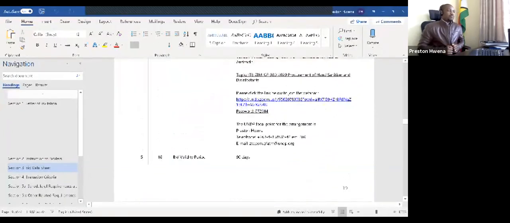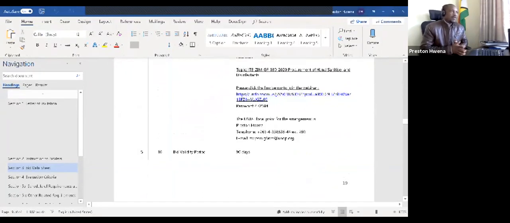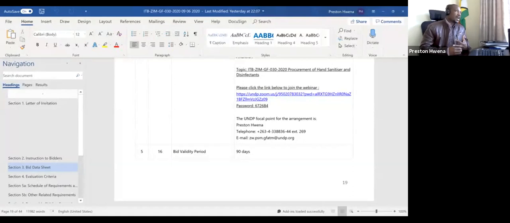Then in terms of bid validity, please make sure that the minimum validity of your offers is 90 days, as UNDP will not be bound to accept any offers with bid validity less than 90 days. When we talk of bid validity, I think you understand as bidders that sometimes your bid validity is 7 days, sometimes it's 5 days, 48 hours.